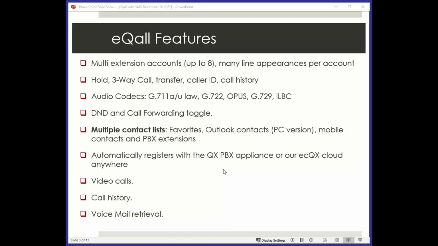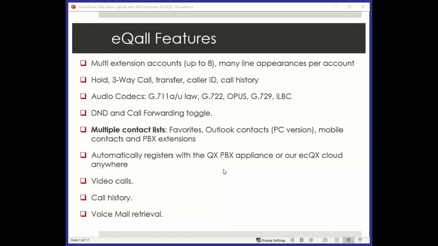There's a do not disturb and a call forwarding toggle, so if you want to set do not disturb or call forwarding, you can do that in the eQall window. There are multiple contact lists. You can have your own favorites. If you're using Outlook on the Windows version, you can get the Outlook contacts and see them in eQall, or your mobile contacts from your mobile phone, and of course the PBX extensions where the eQall is registered.